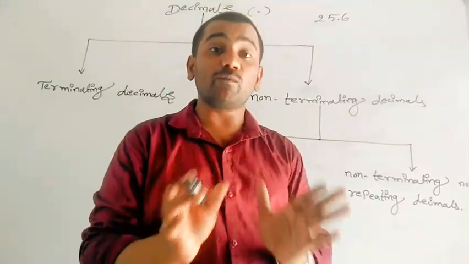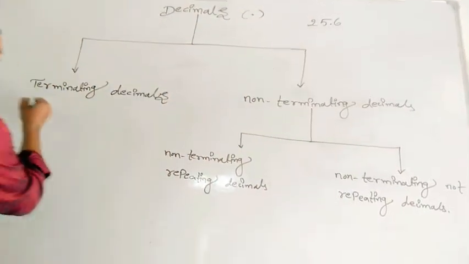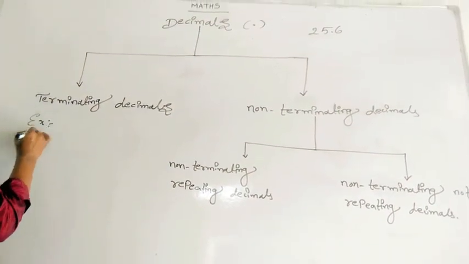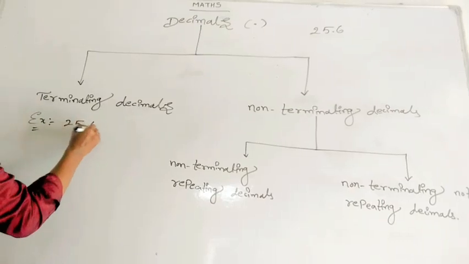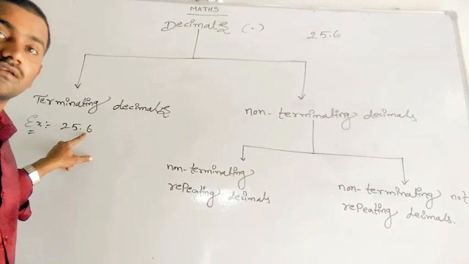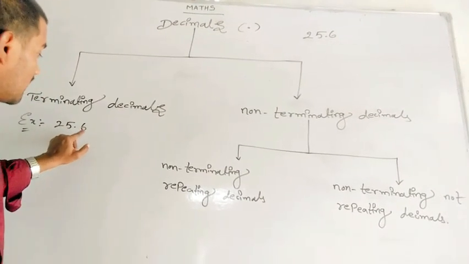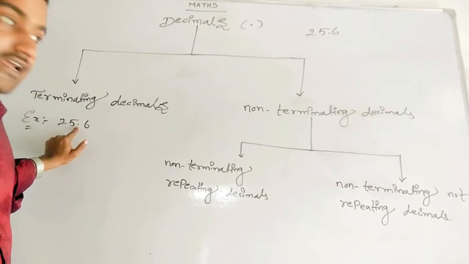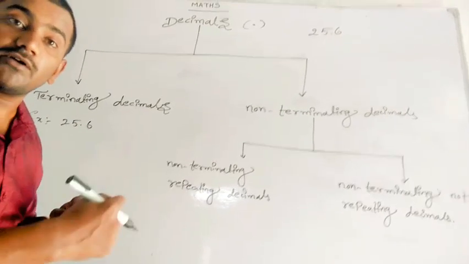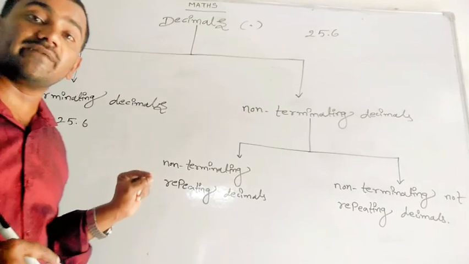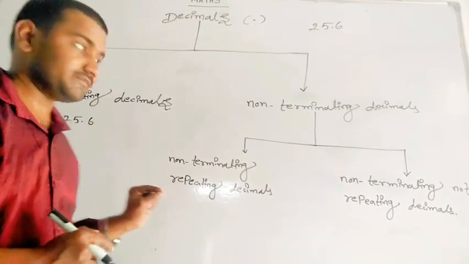Let me write some examples so that you can understand. Here, the same 25.6. After this decimal point, there is one digit. As it is countable, it is known as a terminating decimal number.